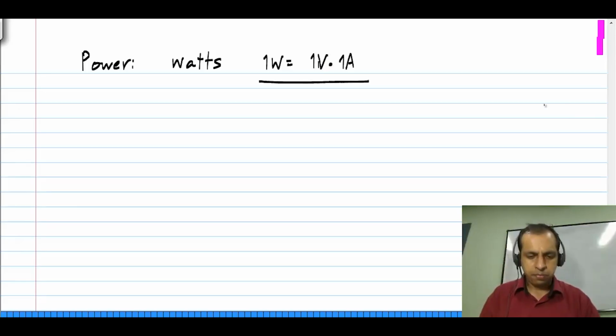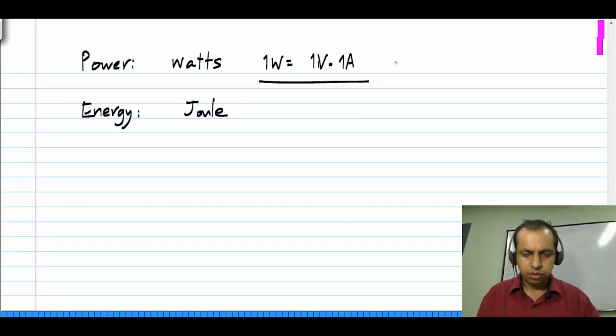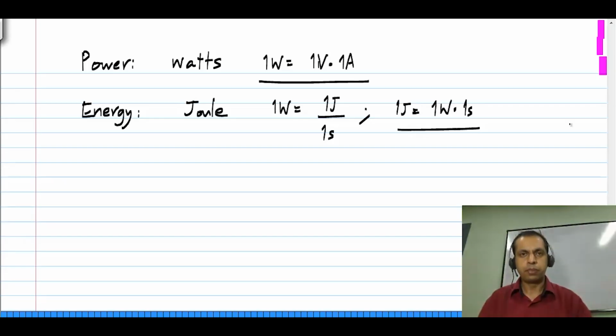The unit of energy is a joule, and 1 watt equals 1 joule per 1 second, or 1 joule is 1 watt times 1 second. Now, let us consider a simple case.